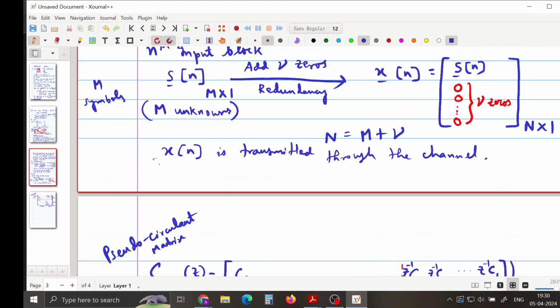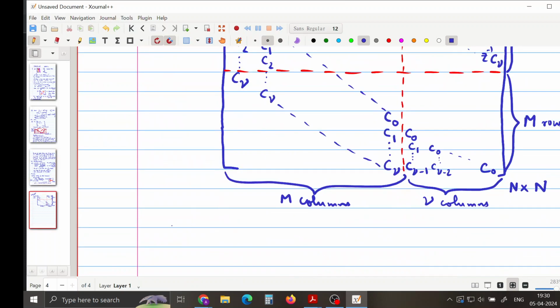By the way, it's a vector, so the Z transform is element wise, they get delayed. So s of 0 times 1 plus s of 1 times Z inverse plus s of 2 times Z to the power minus 2 and so on. That will be S of Z.